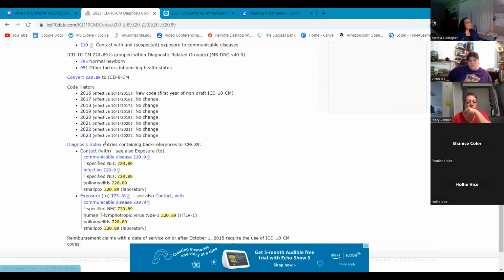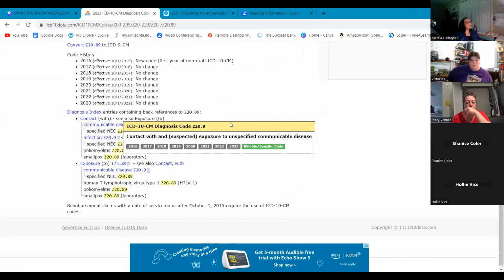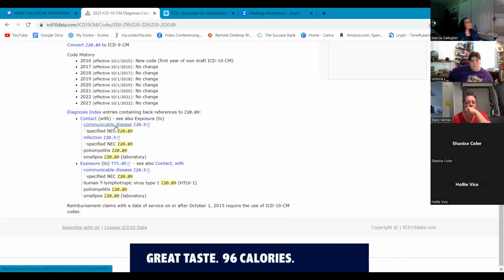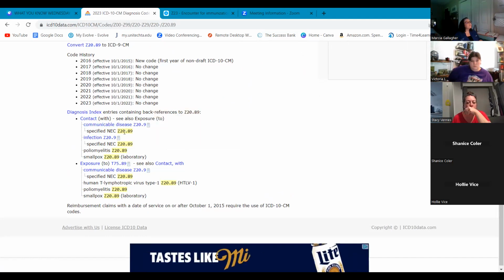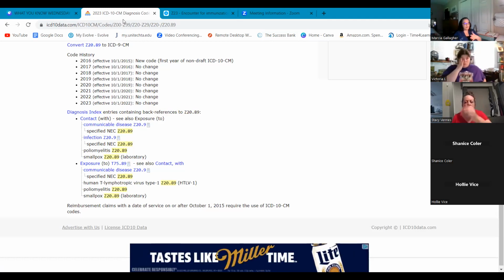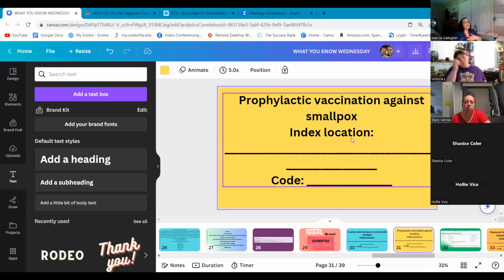So diagnosis index entries containing Z20.89, communicable diseases. So that's what it looks like when you actually look it up on the internet site that I showed you. All right, so let's move on.